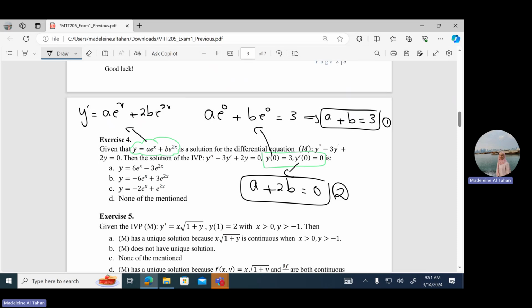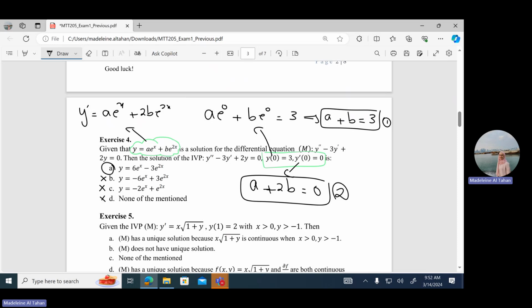We can solve it using any method. The easiest method is to solve it using the calculator. Please find A and B using the calculator, miss. If you don't know how to use the calculator, please check with your colleague. Okay, A is 6 and B is -3, so I should choose this one.